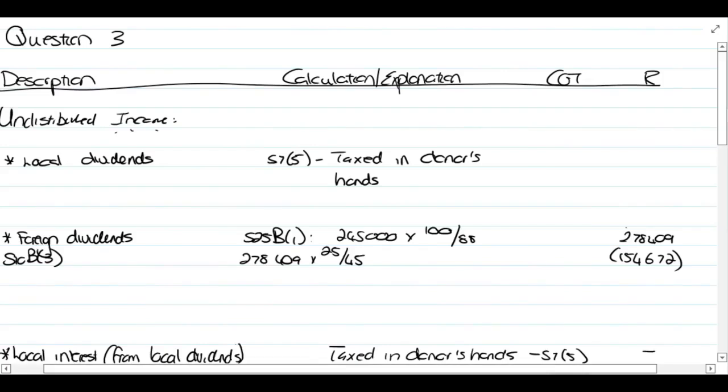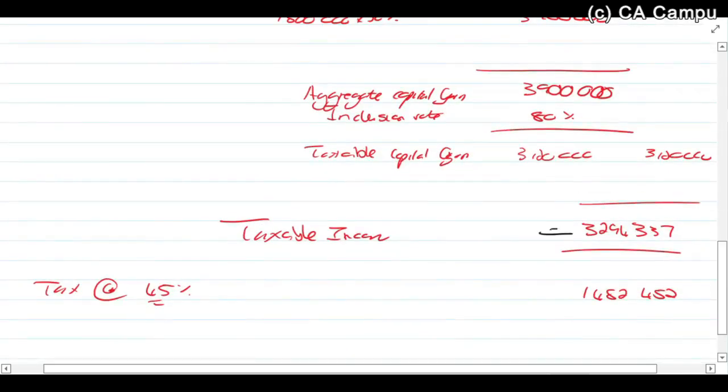So, first thing I want you to see is if you add those two up, you calculate the taxable amount: 278,409 minus 154,672. Okay, that gives you a sum of 123,737. Now that amount ends up in your taxable income, so 45% of it gets taxed.